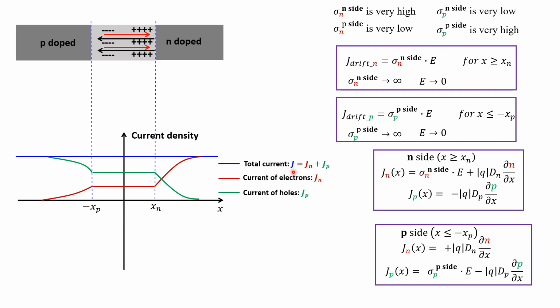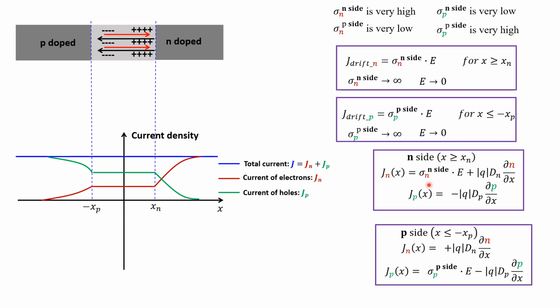So we could calculate this current taking the current at any point across the p-n junction. For example, we could pick this point here, calculate the current of holes and then of electrons at the same point and add them up, or at this point or at this point. We can pick any point in principle. But we want to avoid calculating the current of majority carriers, so electrons on the N side and holes on the P side, because this current involves a drift current, and we don't even know what the electric field is.